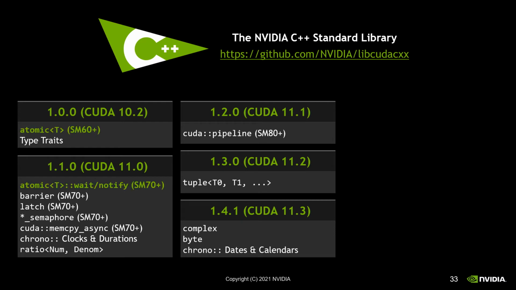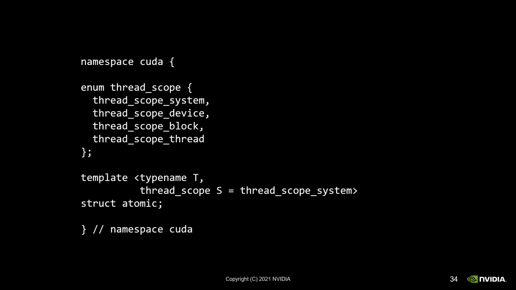Let's start by looking at one of our marquee features, atomics. There are two versions of atomics in the NVIDIA C++ Standard Library. First, there's our extended version, cuda::atomic. Standard C++ presents a view that the cost to synchronize threads is uniform and low. In practice, C++ on NVIDIA GPUs is different.